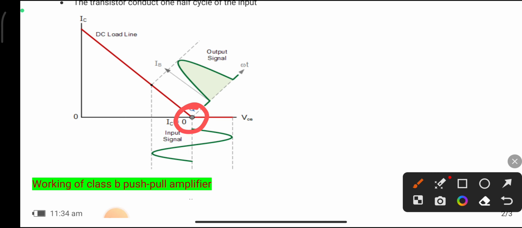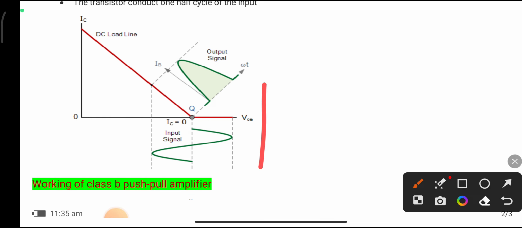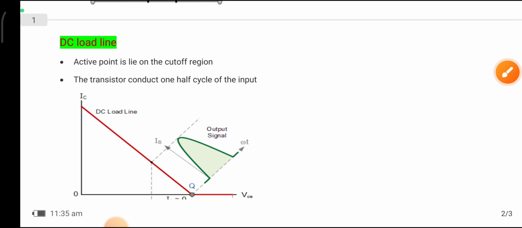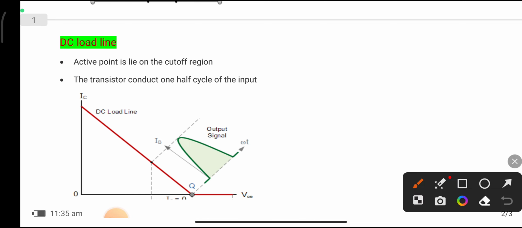Same in the negative half cycle: transistor TR1 is off and TR2 is on. Because of this, the transistor conducts for one half cycle of the input. Because of this reason, the transistor completely uses the power of the DC and completely converts it to AC power.